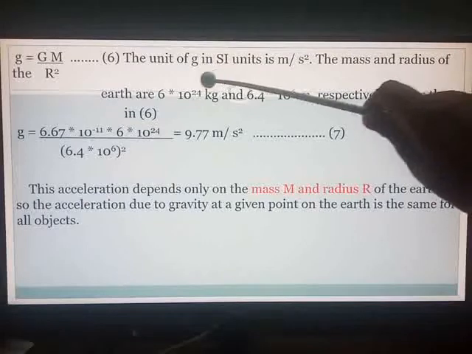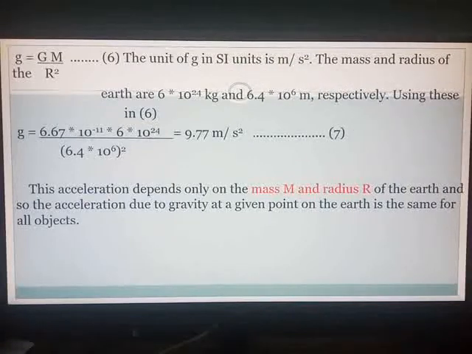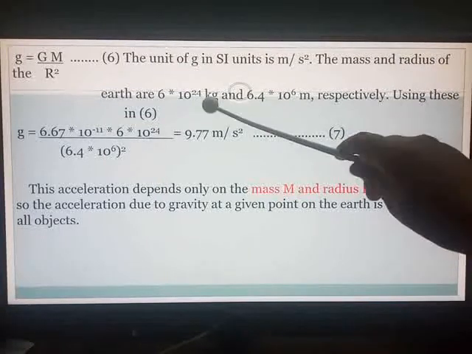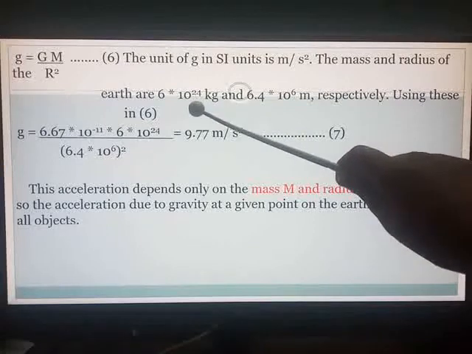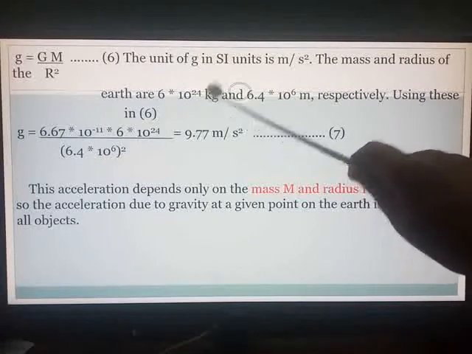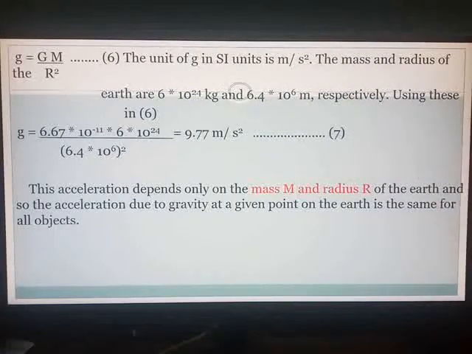Now the unit of g in SI unit is meter per second square. So the unit for acceleration due to gravity is nothing but, last year you have studied the units for acceleration. Same, it is meter per second square. The mass and radius of the earth are fixed. That is 6 into 10 raised to 24 kg is the mass and 6.4 into 10 raised to 6 meter is the radius.